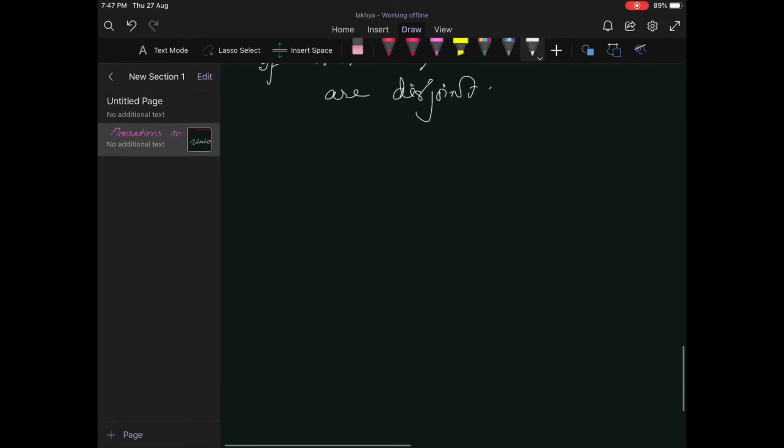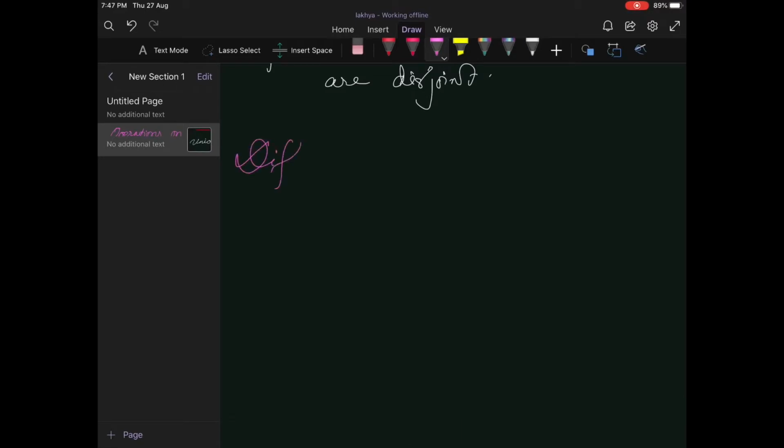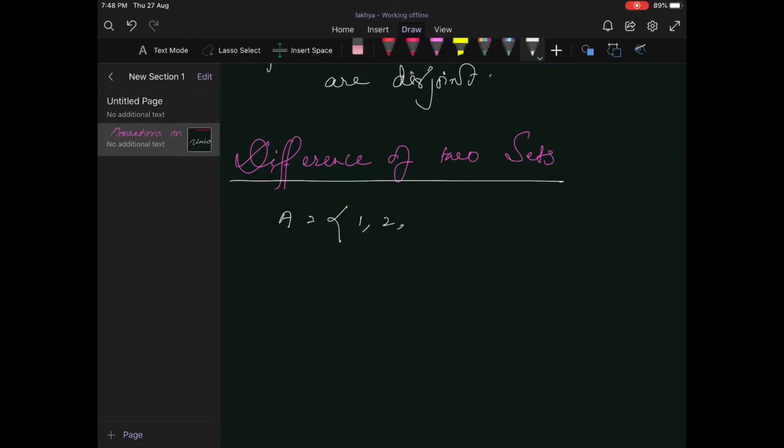Now let us discuss the difference of two sets. Suppose we have two sets. Set A contains 1, 2, 3, 4, and B contains 2 and 3.